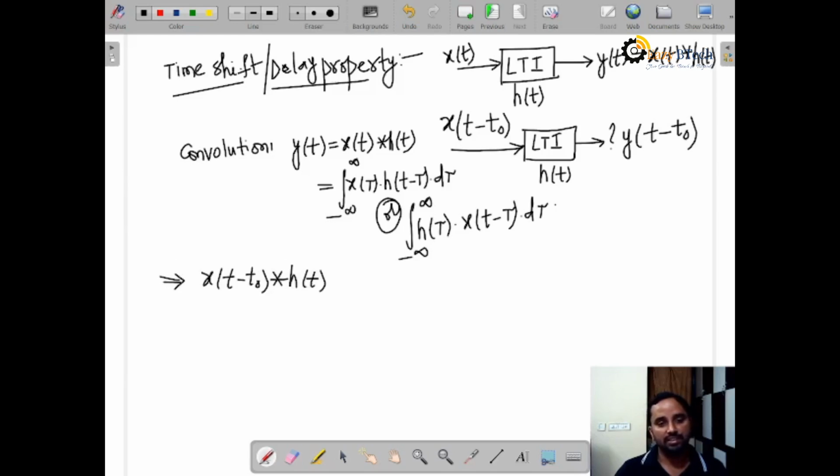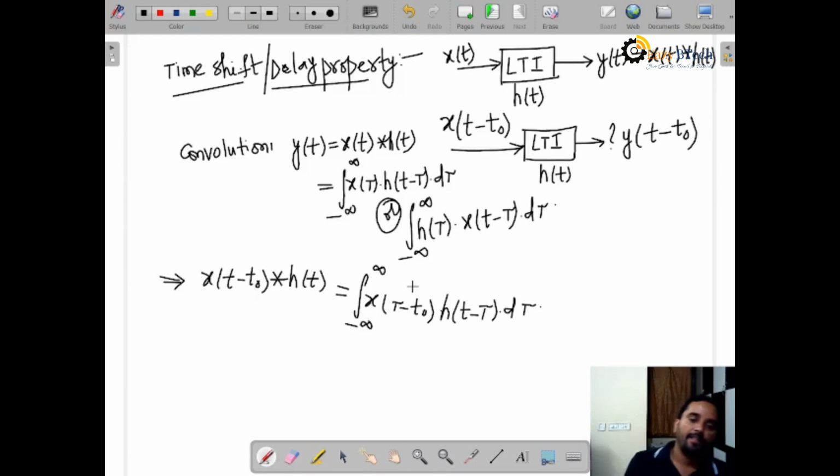Consider this. Now how to write this? The same integral from minus infinity to plus infinity, we can take x of tau minus t naught, just t is tau, the same thing I am doing, and h of t minus tau d tau.